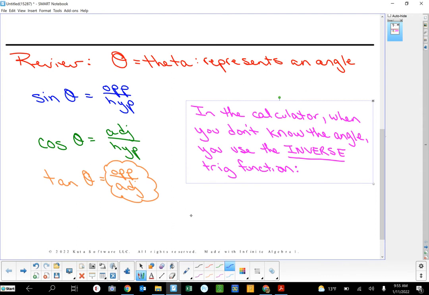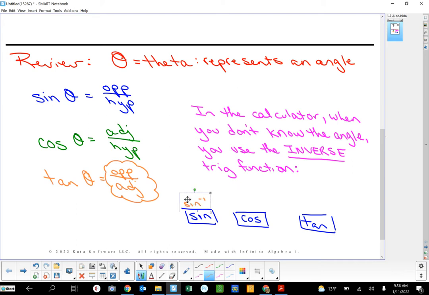On the calculator, you have a sine button, a cosine button, and a tangent button. Well, right above those, usually in a different color, you will see a sine with a -1 up there, a cosine with a -1, and a tangent with a -1. These are the inverse trig functions. So we're going to be using those. And to get to those, you have to hit your second, if you're actually using a real calculator.